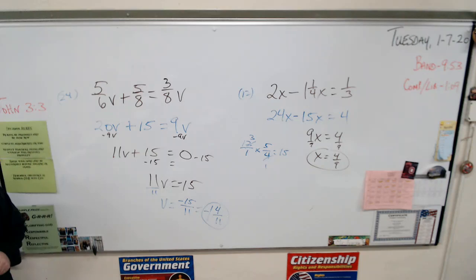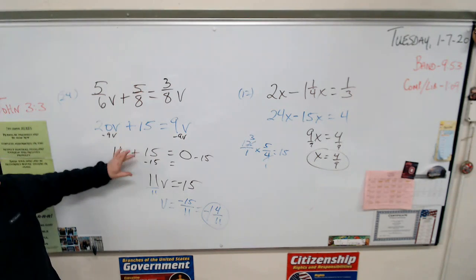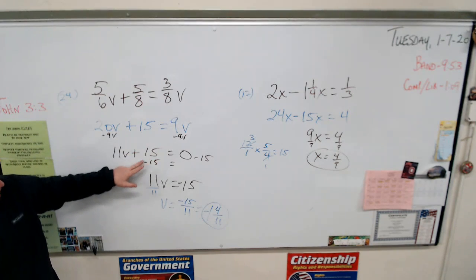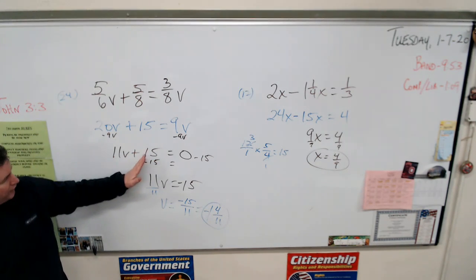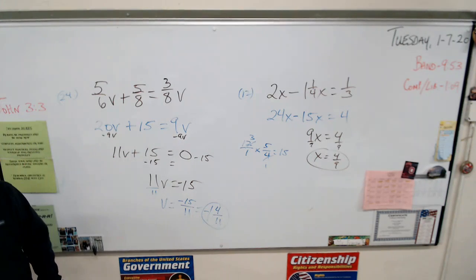Brett, how did the 15 become negative? The 15 became negative because in order to get rid of this positive 15, I had to subtract 15 from both sides. So 0 minus 15, negative 15.